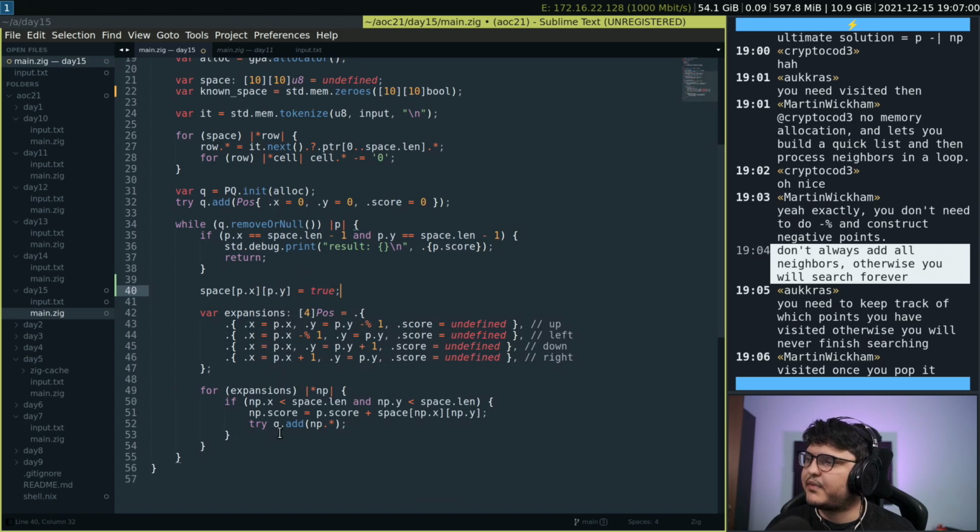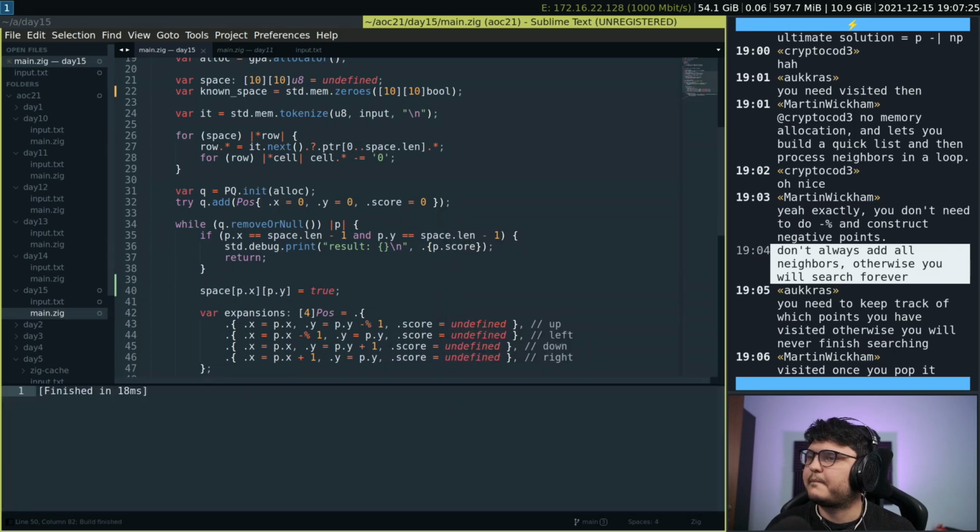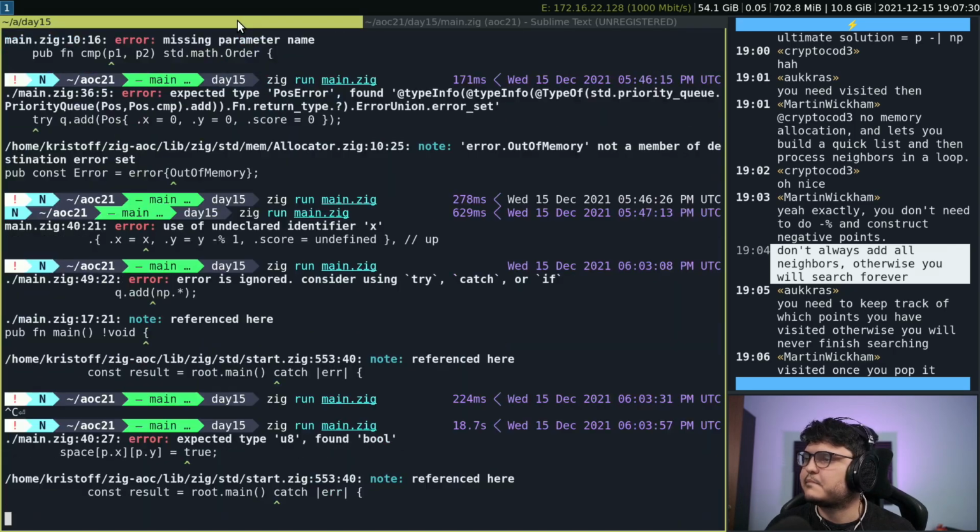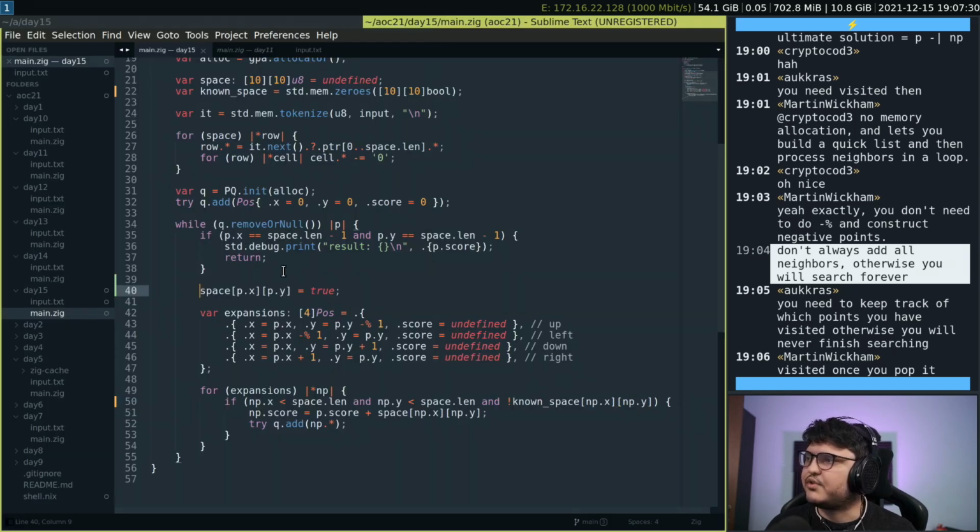Equals true, and here we add stuff if it's in a reasonable range, and well, we can add another thing here, if it's a known space. Except that I have found bool. Oh, what am I doing? Oh, this is known space.